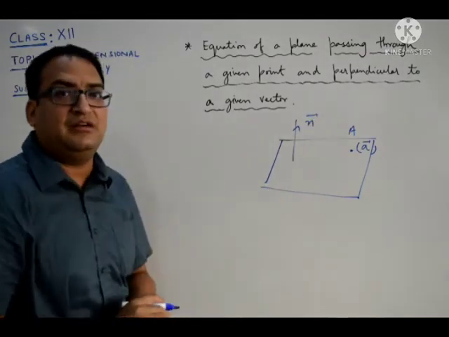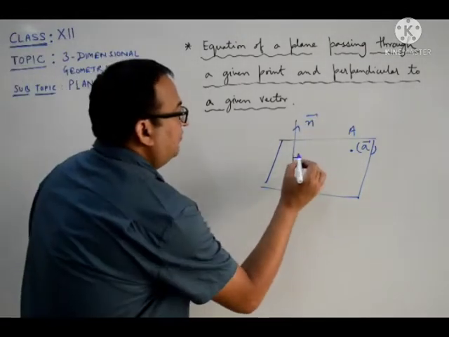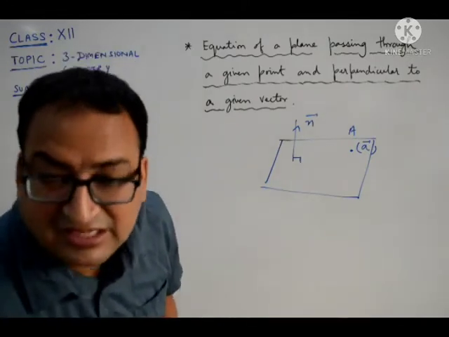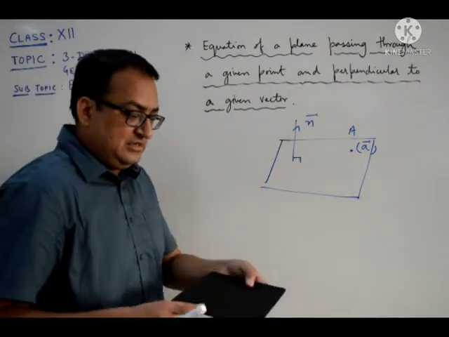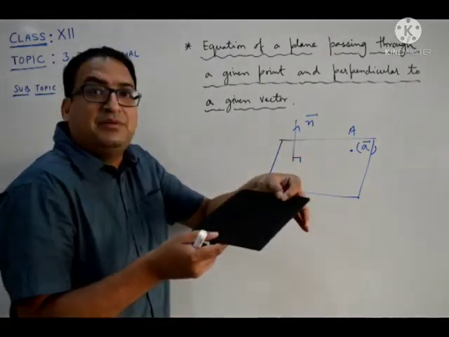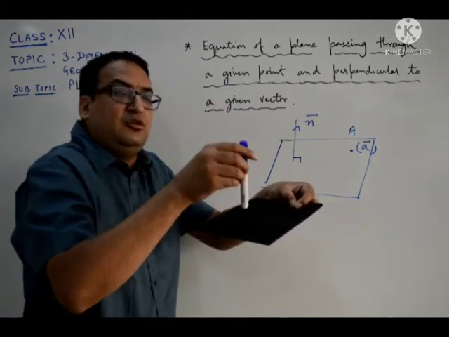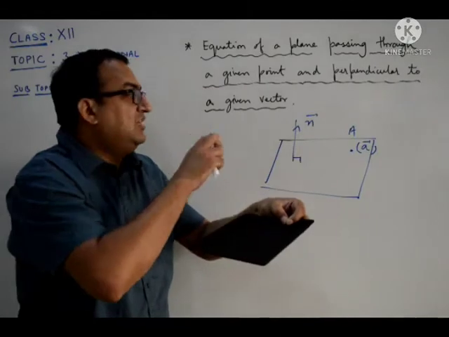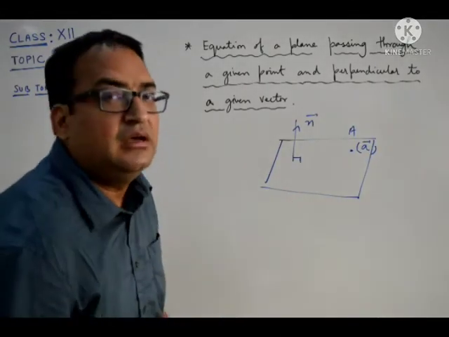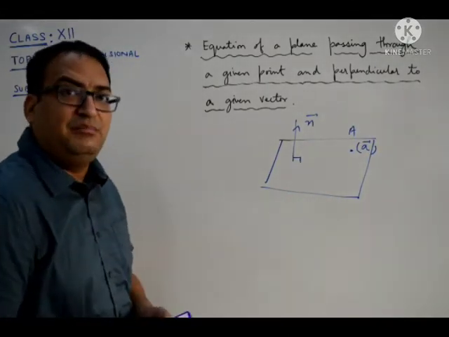So say n vector be the vector which is perpendicular to this plane. So it will be something like this. Say this is a point through which the plane passes, and we also have a vector which is perpendicular to the plane. So these 2 conditions are enough to find the equation of the plane.